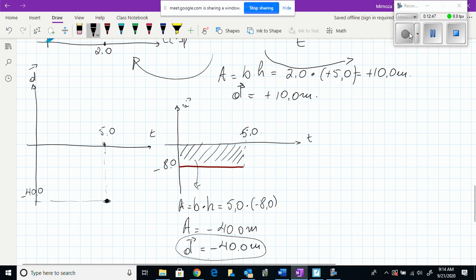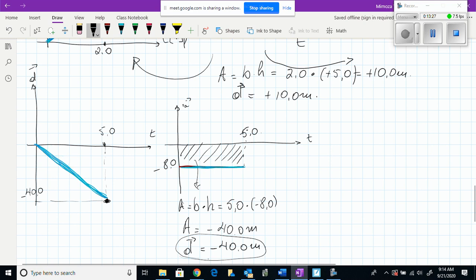And now the question will be, how is the object going there? Straight, curve up, curve down. Those are the three options that you will see. And straight, yes. It's going straight because the velocity is constant, it is not changing. It's a line that is parallel to the horizontal axis. So it will be a straight line, and we are assuming that this is straight, even though it doesn't look that straight in the graph.